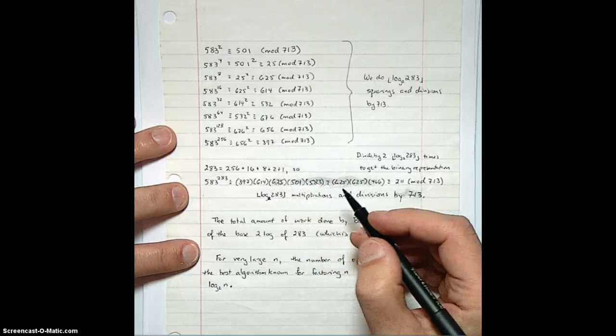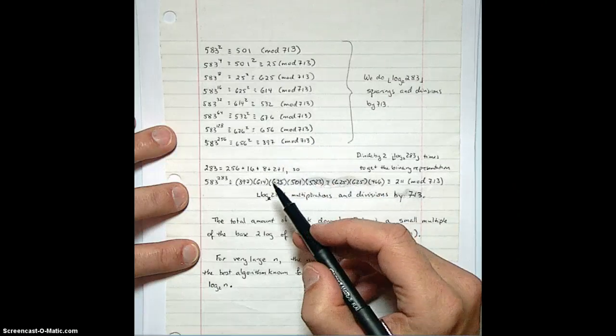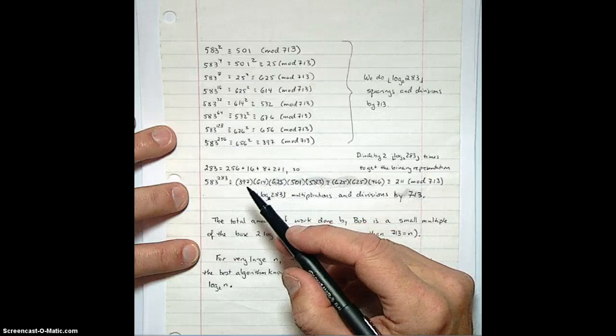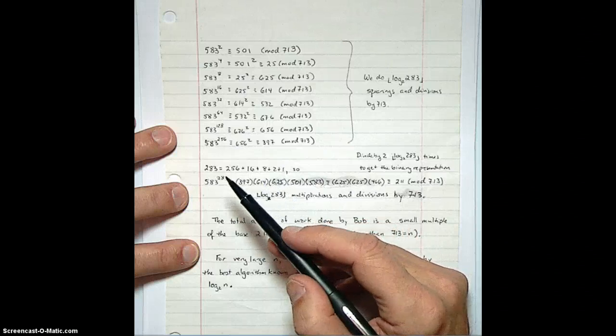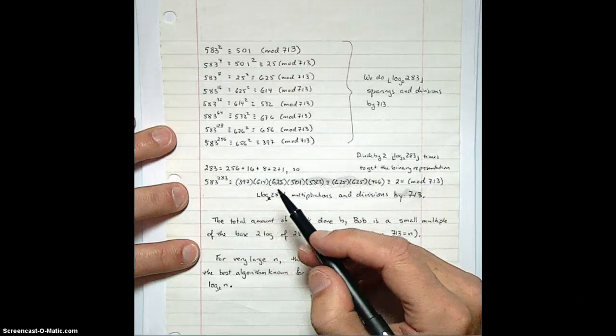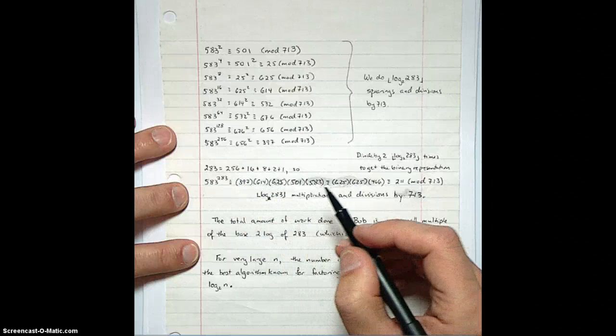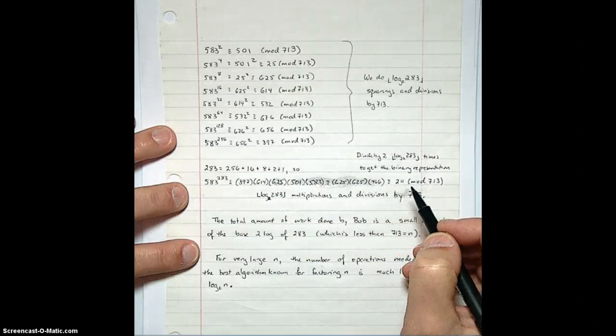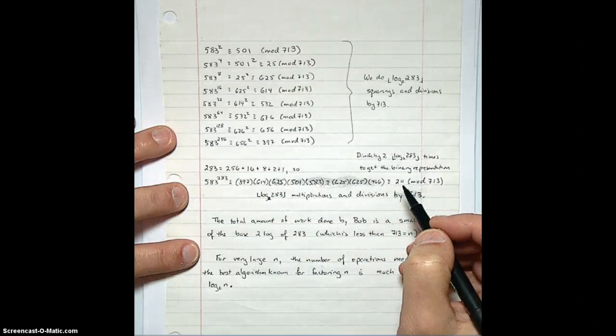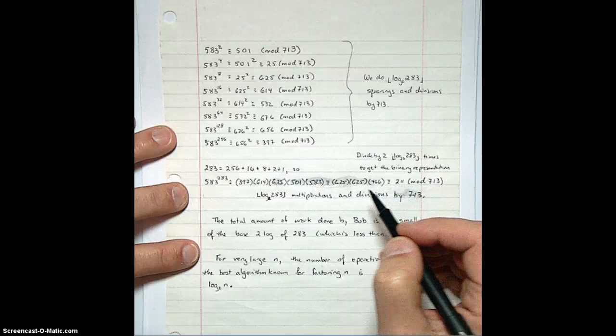There are about log base 2 of this number terms that I have to multiply together. And so I eventually get 211, which is Alice's original plain text message. Right?